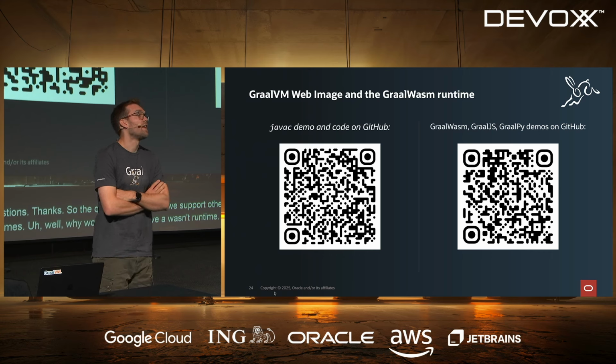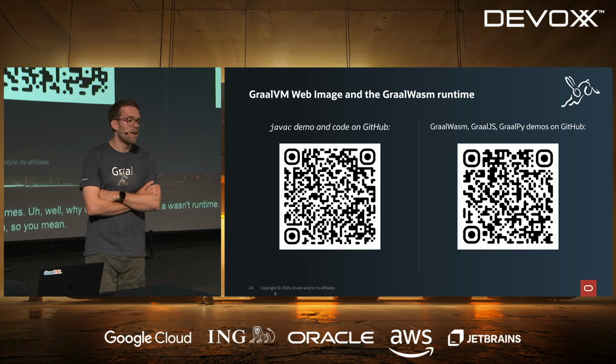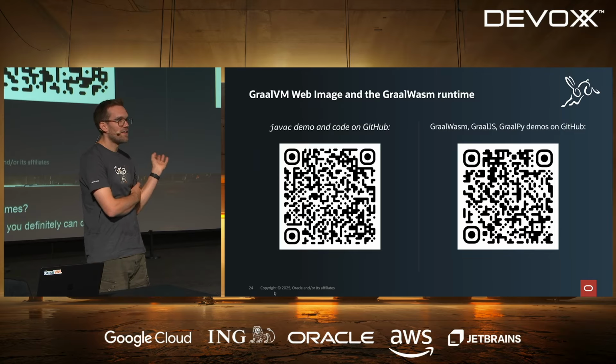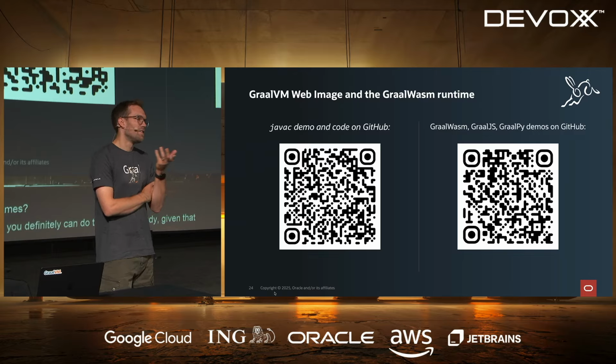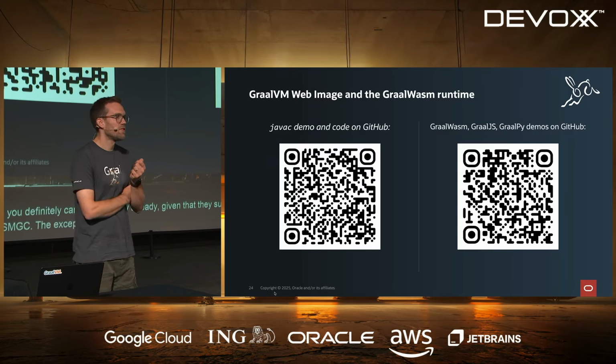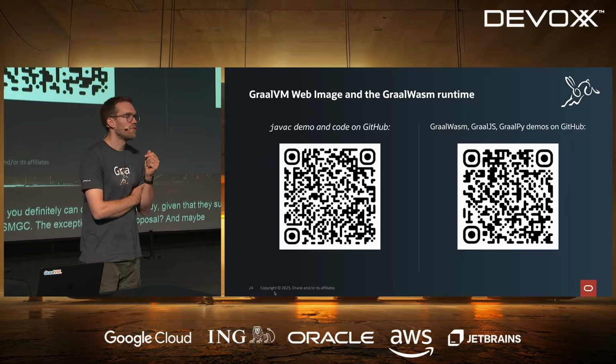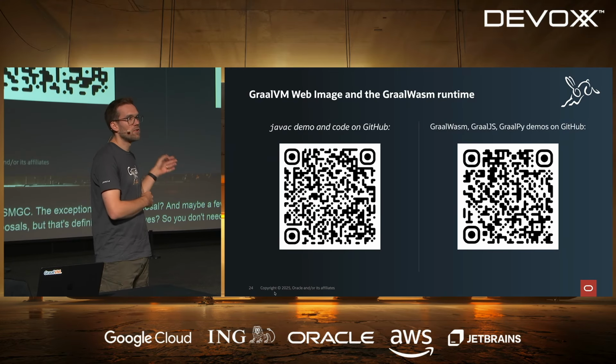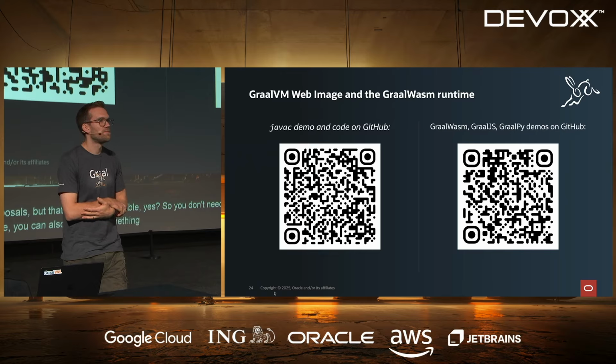Ah, yeah. So you mean, can we run a web image on other Wasm runtimes? Yes, you definitely can do that today already, given that they support Wasm GC, the exception handling proposal, and maybe a few other proposals, but that's definitely possible. So you don't need to run it on Node. You can also run it on something else.